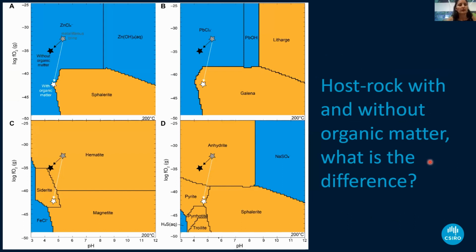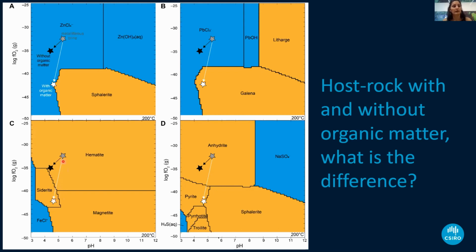So the results basically show that the metalliferous brine is oxidized, and when it interacts with the host rock with organic matter, it becomes strongly reduced, and we have precipitation of sulfides such as sphalerite and galena. We also have the predicted precipitation of siderite.